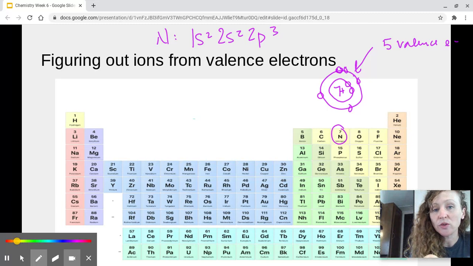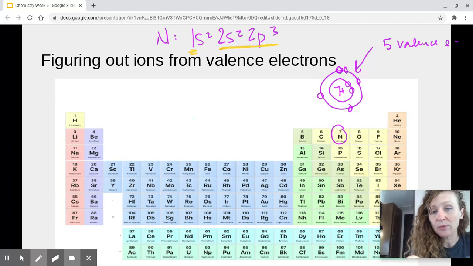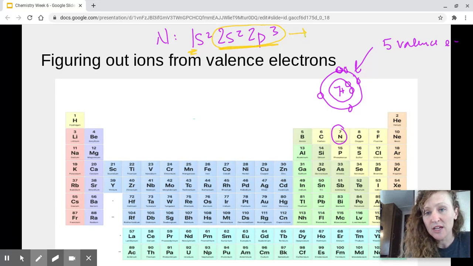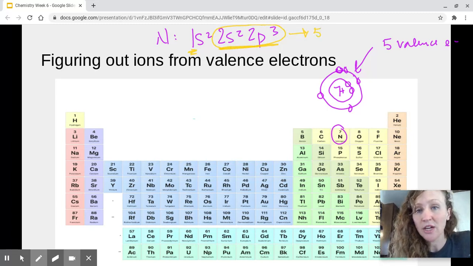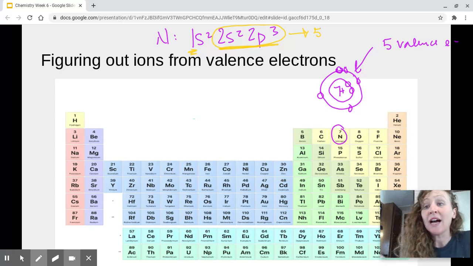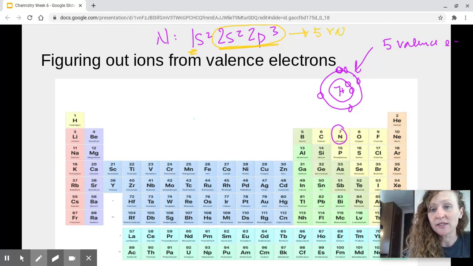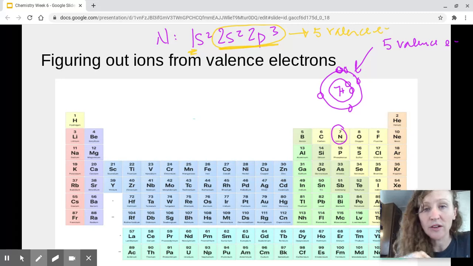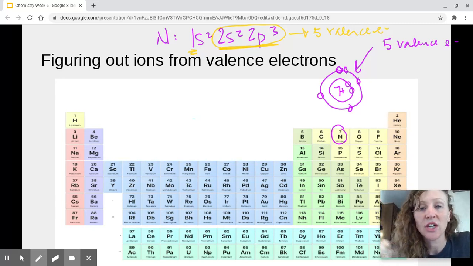So notice we have 2 energy levels here, energy level 1 and energy level 2. If we count up all the electrons in that outermost energy level, there are 5 electrons in the outermost energy level, or 5 valence electrons. That's another way to figure out how many valence electrons an atom has.